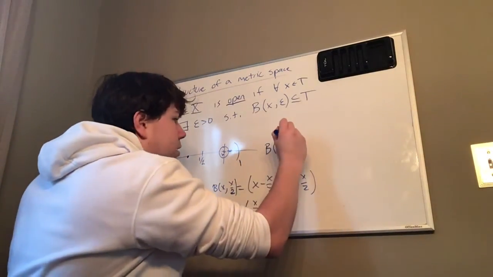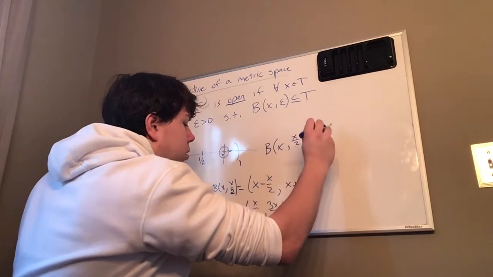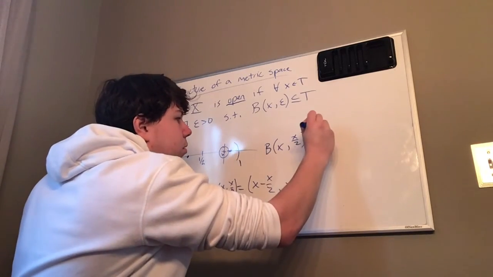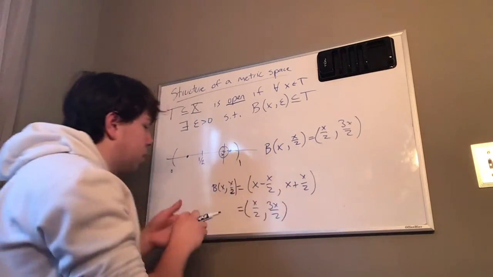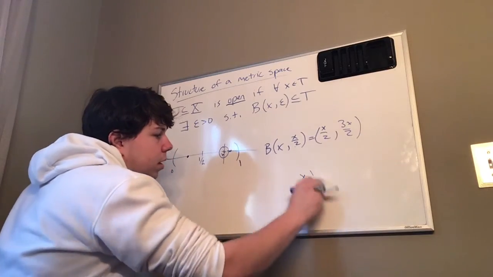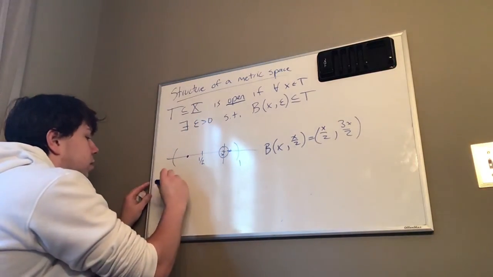Just copy here. I don't have to show the work again. 3x over 2. So I'll start with x is more than 0, right?